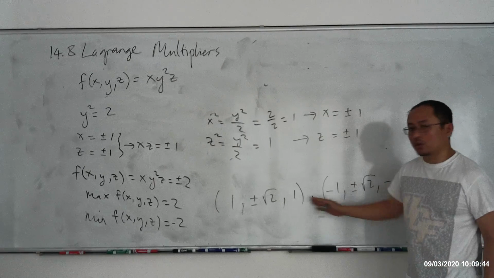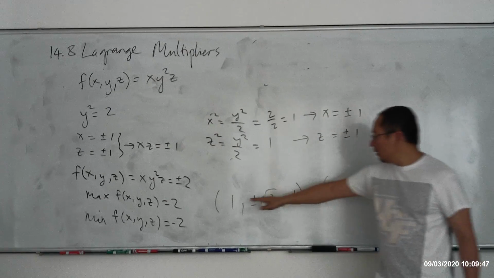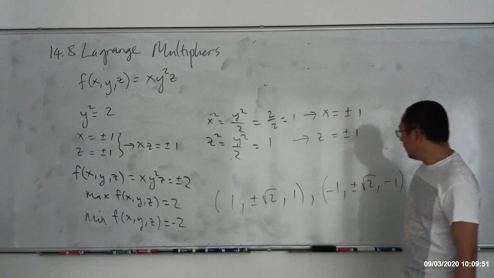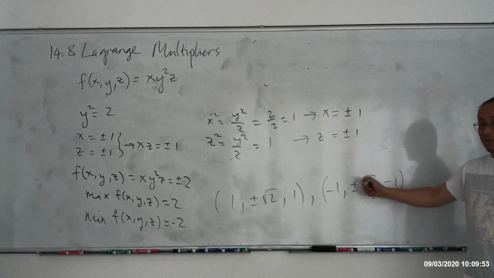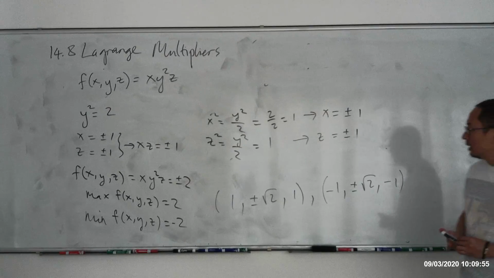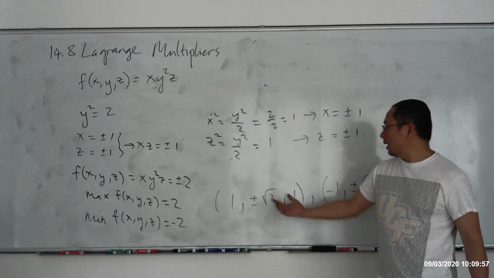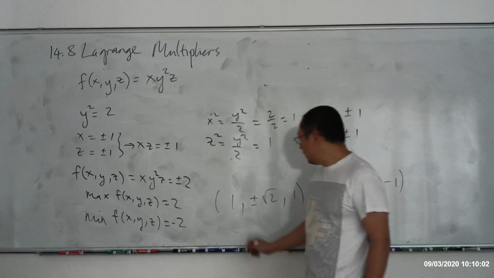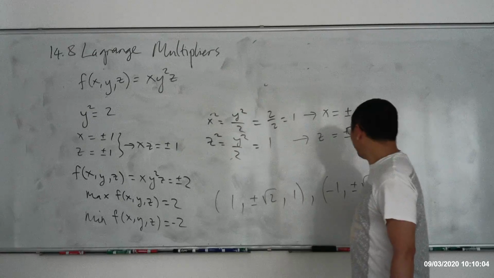Okay? See how many solutions you have right here? 4. (1, root 2, 1), (1, negative root 2, 1), and then same thing for negative 1, you get plus or minus root 2 in the middle. So 2 solutions. And at any of those 4 points, you have a maximum of f(x, y, z) equal to 2. And for the other ones, x and z will not be the same sign anymore.